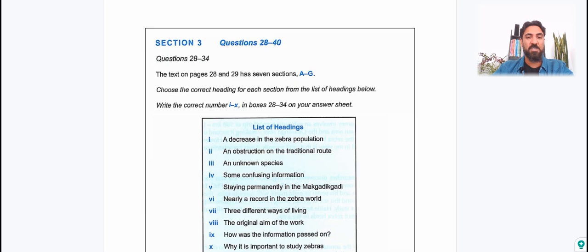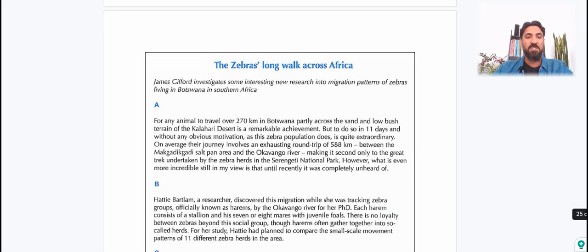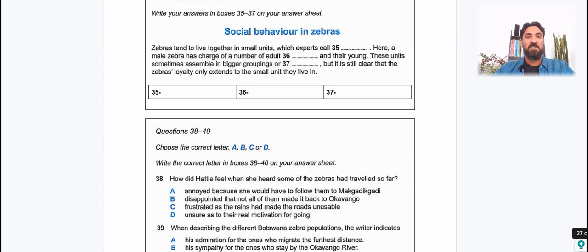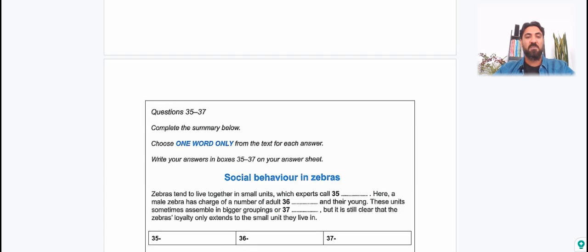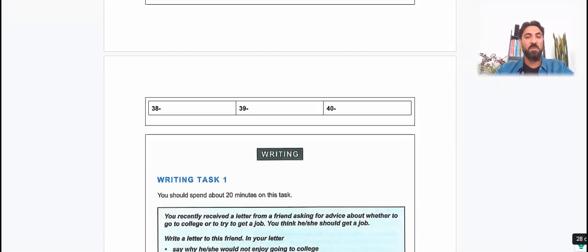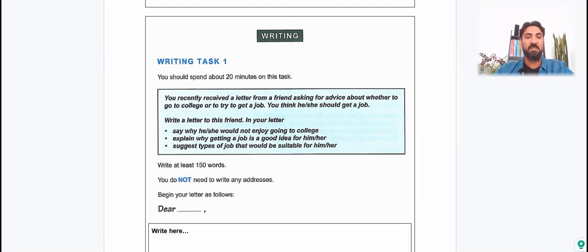You have to match these heading topics to the paragraphs. So this one is a tricky question for many students, but again, with practice, you can do perfectly in this part. And as you can see at the end, we have questions 35 to 37 and 38 to 43 multiple choice questions, which we will do fully during the class.